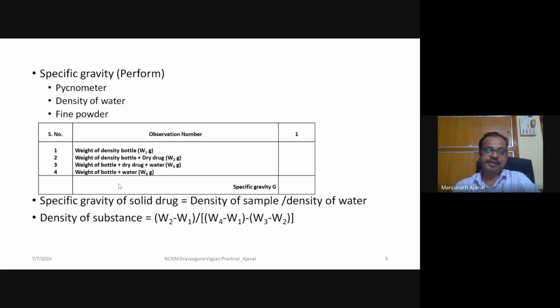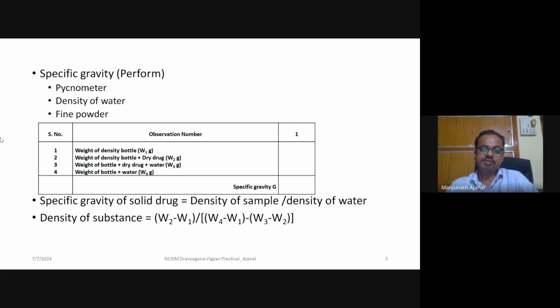Similarly, specific gravity. Here the specific gravity can be conducted in two ways, based on what type of material you are using. If it is a liquid, the procedure is different, and if it is a powder, the procedure is different. Here we are taking the powder as well as liquid. The specific gravity is nothing but the density of the sample divided by the density of water. If the sample is powder, what is the weight in air?